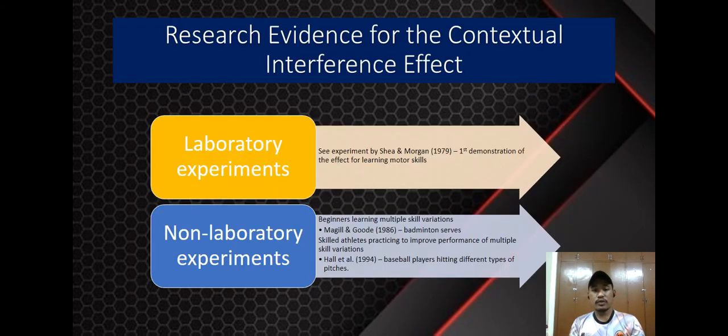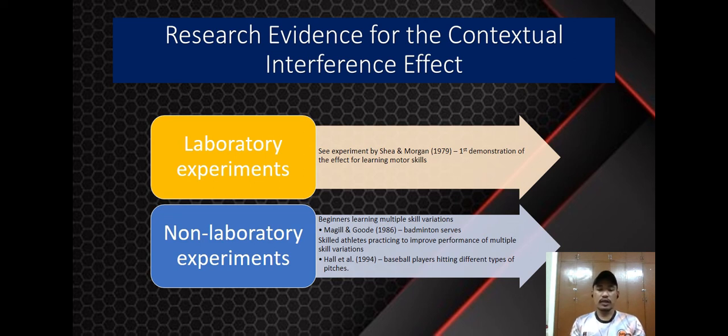Okay, next slide, we go to the research evidence for the contextual interference effect. There are two kinds of evidence, which are laboratory experiments and non-laboratory experiments. The first one is laboratory experiments. The laboratory experiment that we see is by Shea and Morgan, 1979, which is the first demonstration of the effect on learning motor skills.